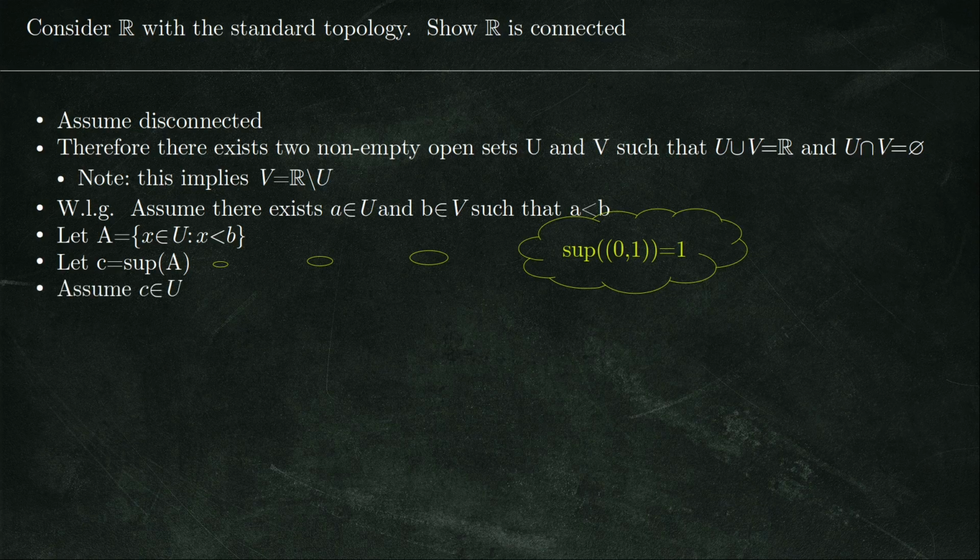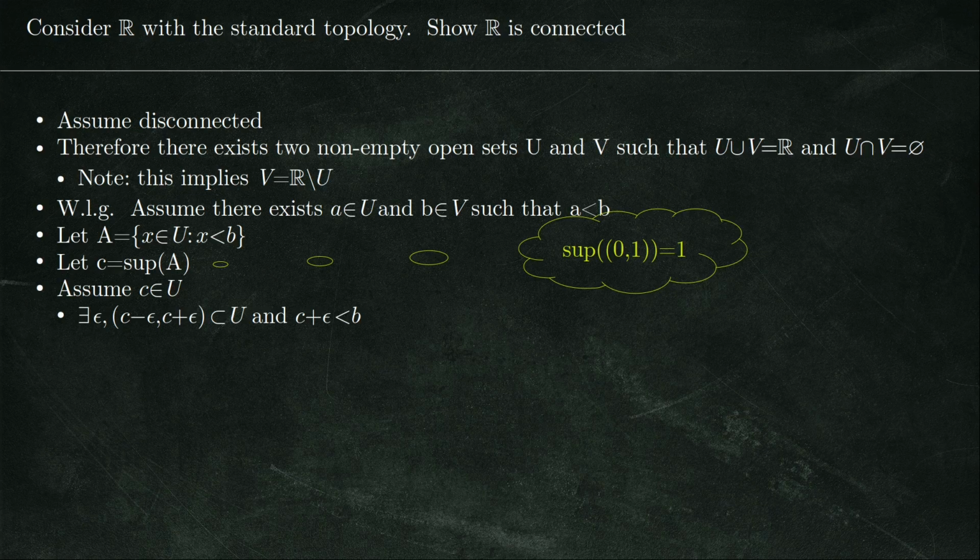Now assume that c is in U. This means because U is open, around that point c we can create a little interval. So there exists an epsilon such that (c − ε, c + ε) is contained within U. And we make it so that c + ε is less than b.